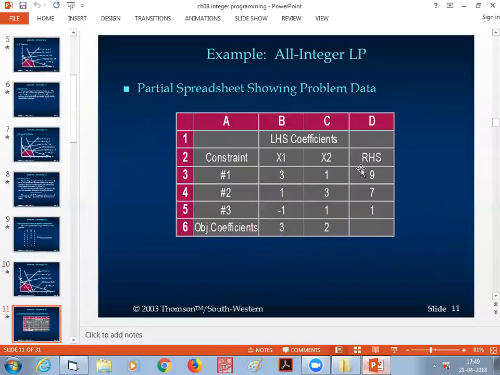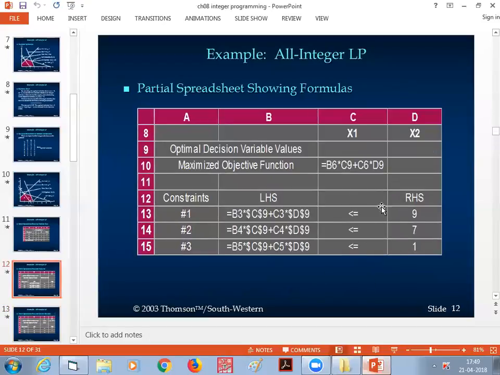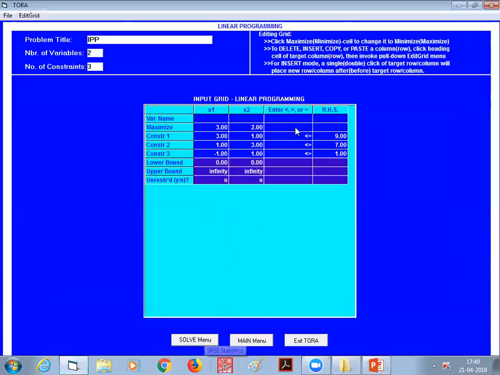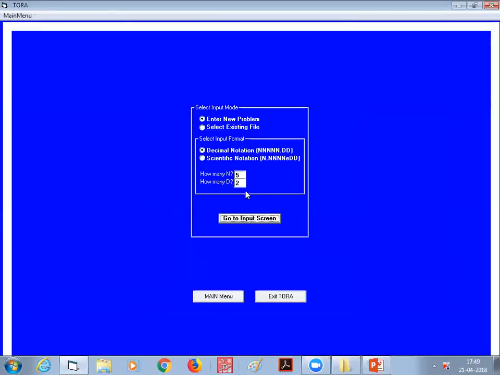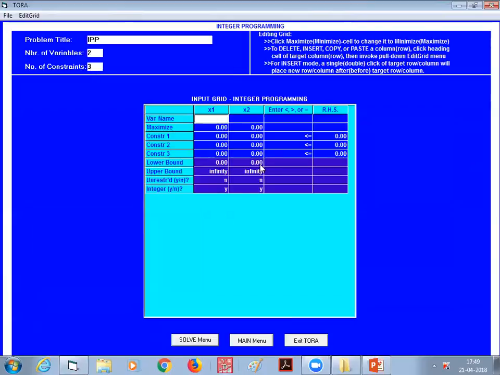Now, a simple way is by putting an integer restriction. In Torah, when we try to solve this, there's a separate menu for integer programming, and unfortunately you can't move that to this. So this is another problem here. IPP, 2 variables here and 3 constraints.